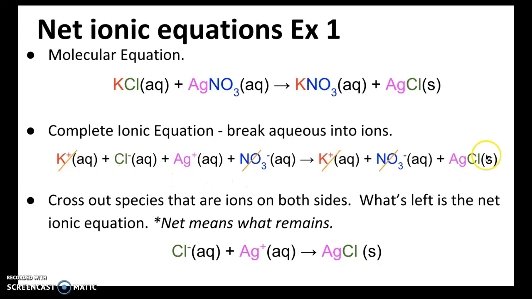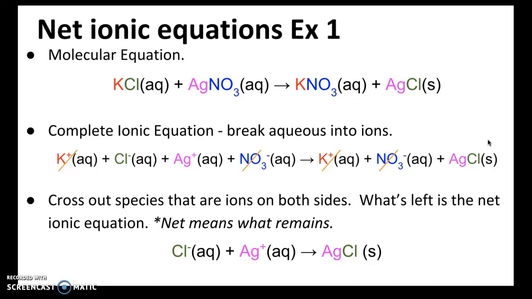So I'll say that again. Since our product silver chloride is not in an aqueous form, then on the reactant side there are going to be the ions of silver chloride. That's a shortcut, but it usually works for these problems, but it may not work for all problems.